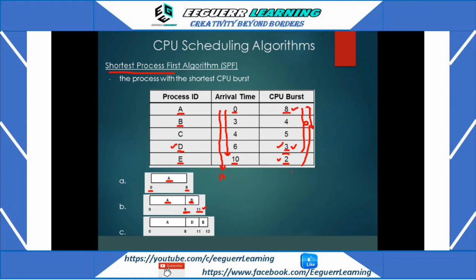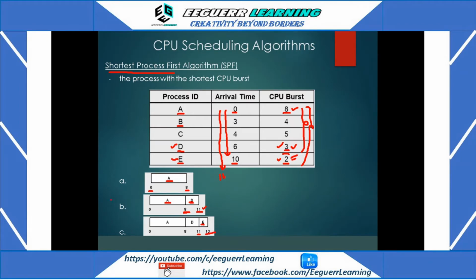Okay, so now the CPU scheduler will accommodate 2, which is process E. Letter E, or the process E, will now be placed in our Gantt chart for scheduling. And 2, the value of CPU burst for process E, will now be added. So 11 plus 2 here will give us 13.